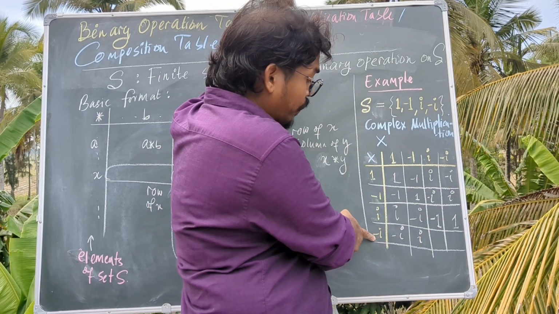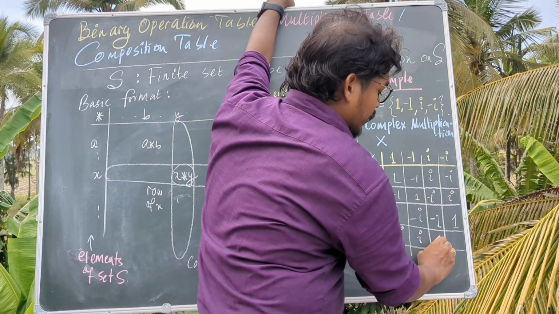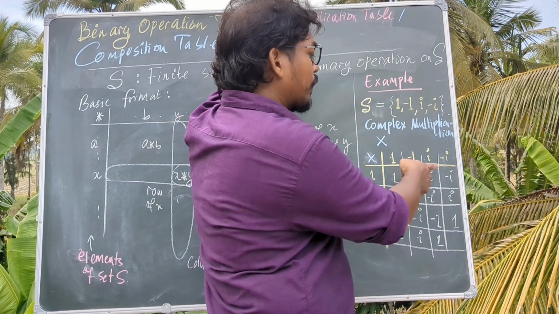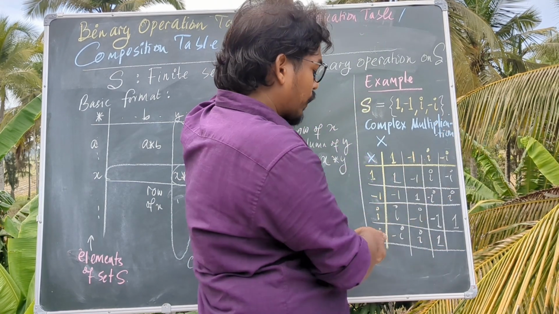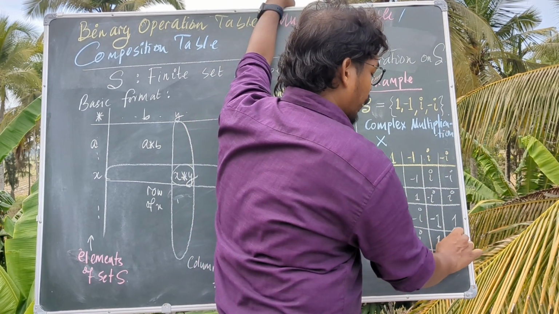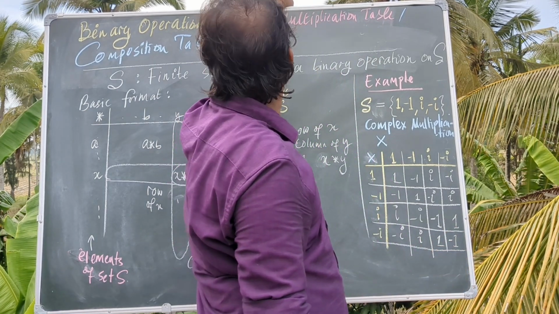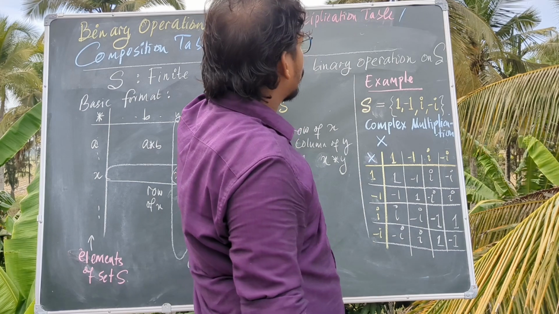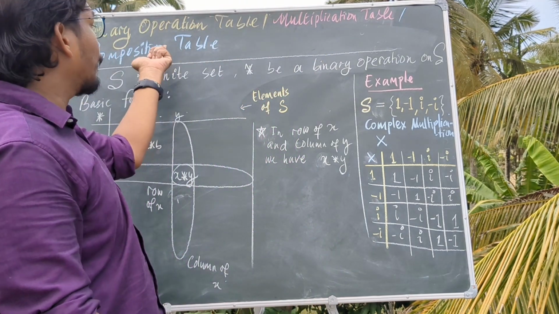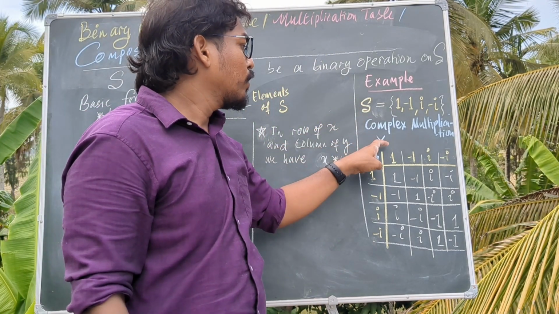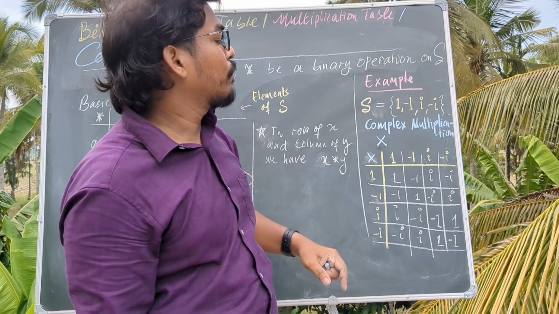We have one more minus 1, so it is plus 1. Minus i times minus i, minus is plus, i times i, which is minus 1. So this is our operation table, or binary operation table, multiplication table, or composition table of this set with our operation complex multiplication.